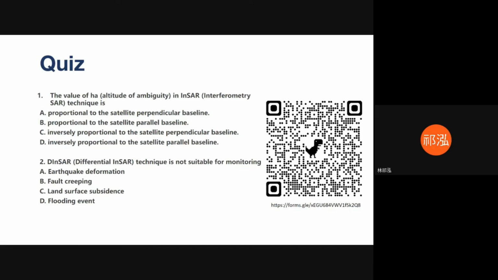Thank you. Okay, that's a good question. For the airborne radar, of course, it's closer to the land surface, so normally the resolution can be higher than the satellite radar, and also the penetration capability, as I mentioned, is better than optical sensors. So it's very useful for emergency events.